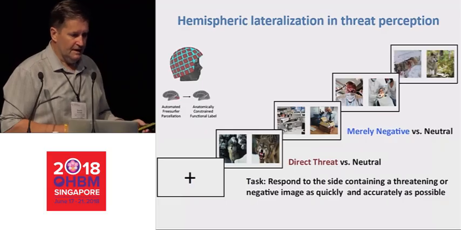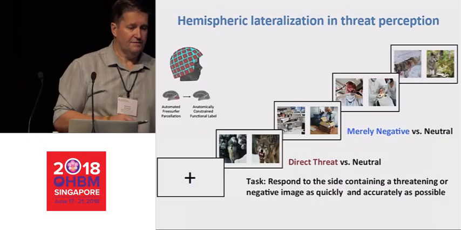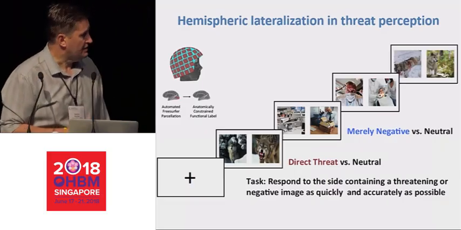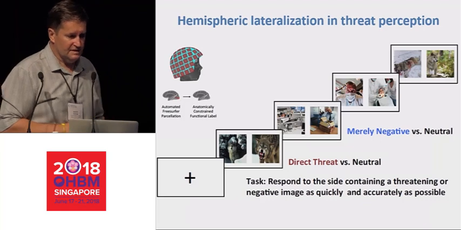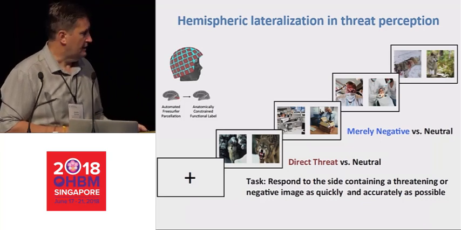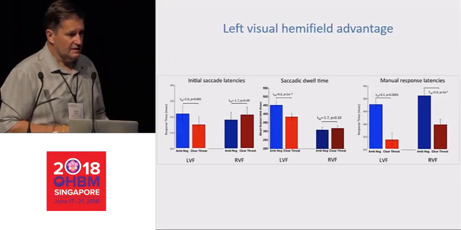The task was to simply respond to the side containing a threatening or negative image as quickly and accurately as possible. In one of the studies we did eye tracking, and we also did an MEG study. So first, the eye tracking.